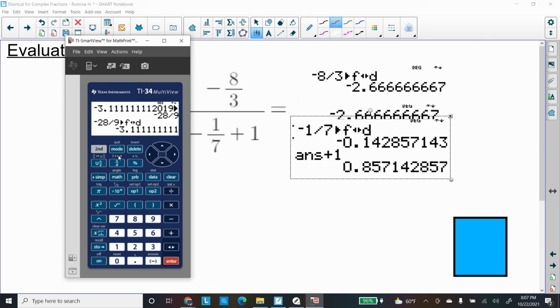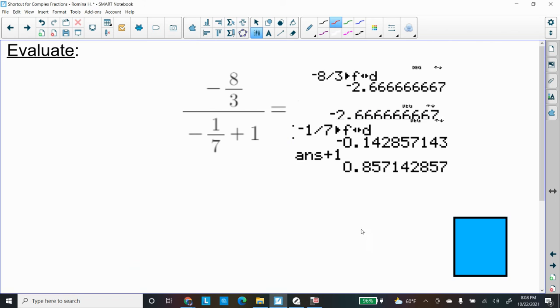I'm curious what the 0.111 stuff is, so let me put the answer back and add the additive inverse of negative 3. So I'm going to add 3, and I get all that 0.111 stuff. So I'm curious, second ABC, PRB, and let's see what that is. That's negative 1/9. So my answer is going to be negative 3 and 1/9. Woo, that was rough. Let's see if that's right. Yeah, negative 3 and 1/9.